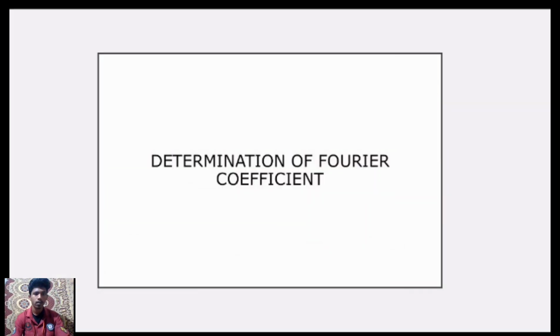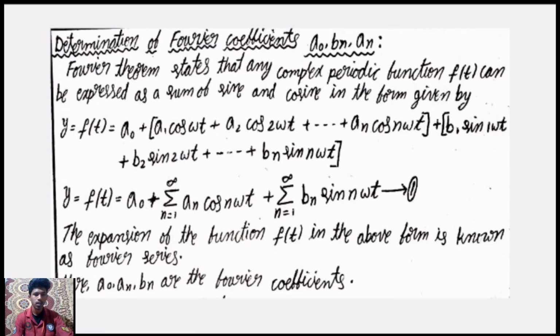Determination of Fourier constants. This theorem states that any complex periodic function f of t can be expressed as a sum of sine and cosine in the form y equals f of t equals a naught plus a1 cos omega t plus a2 cos 2 omega t and so on, an cos n omega t, plus b1 sin omega t plus b2 sin 2 omega t and so on, bn sin n omega t.